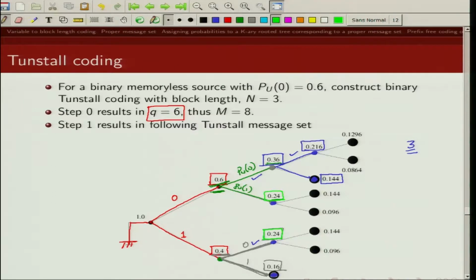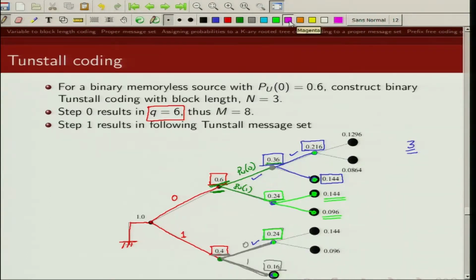Let's extend this one. I do that, I get this, and similarly I can calculate these probabilities. This is 0.24 into 0.6 and this one is 0.24 into 0.4. So after 4 extensions, I have this node, this node, this node, this node, this node and this node.